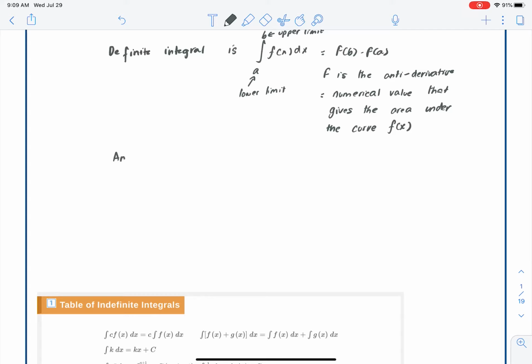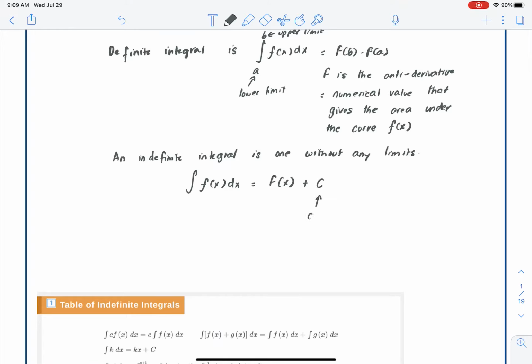An indefinite integral is one without any limits. In the sense, we simply have integral f of x dx that will result in an antiderivative plus c.